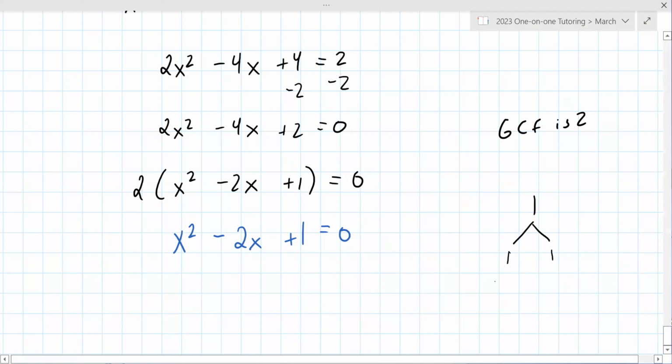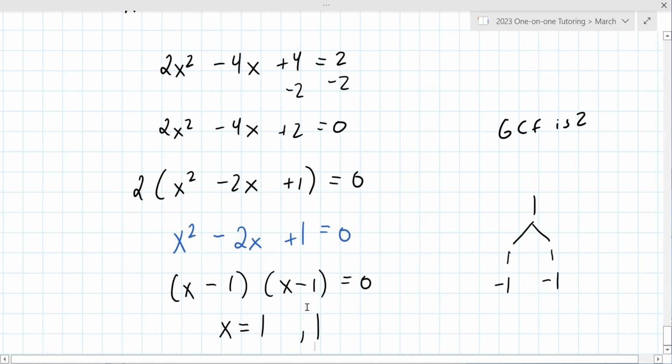No. So the other possibility is that they're both negative. Is -1 times -1 +1? Yes, it is. Does it add to -2? Yes, it does. This becomes x minus 1 times x minus 1 equal to 0. Your two solutions are 1 and 1.